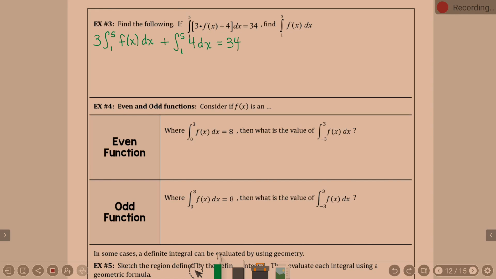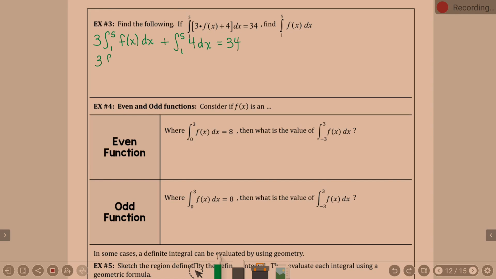Now, if you need a hint of where to go next, think about that second integral and what I can do with that second integral. Well, it's only a constant. So it would be 4 times 1 minus 5. Reverse it, yes. 4 times upper minus lower, 5 minus 1. Okay, so I'm going to rewrite this.